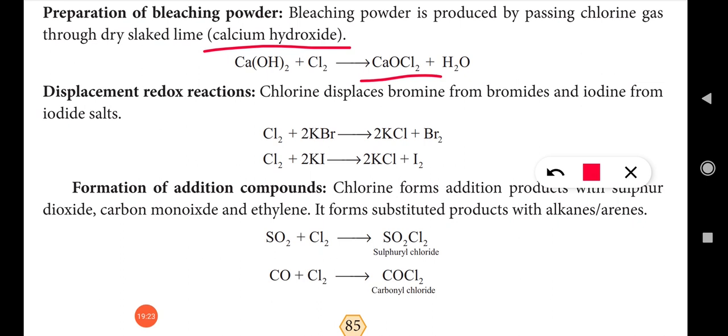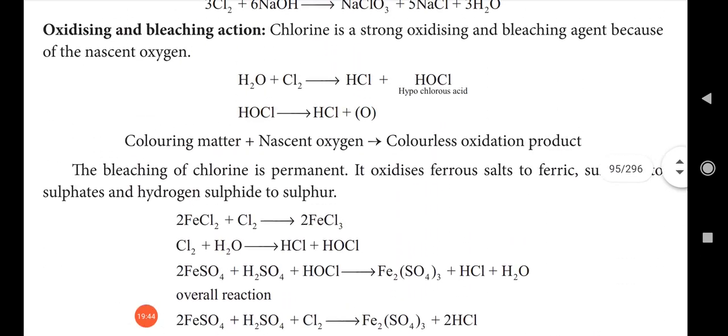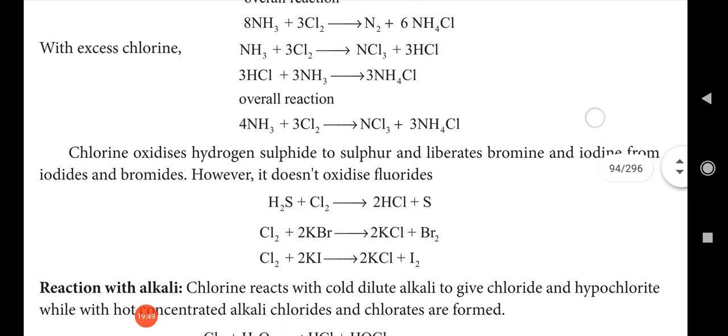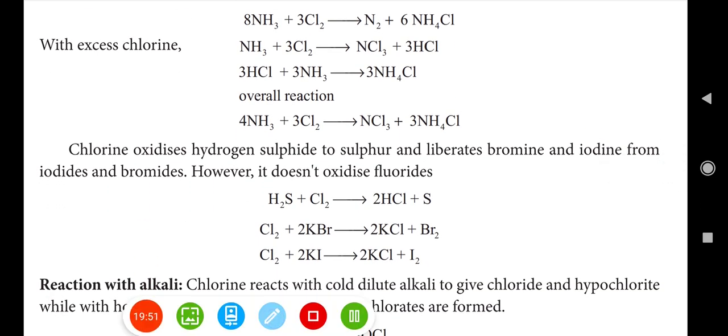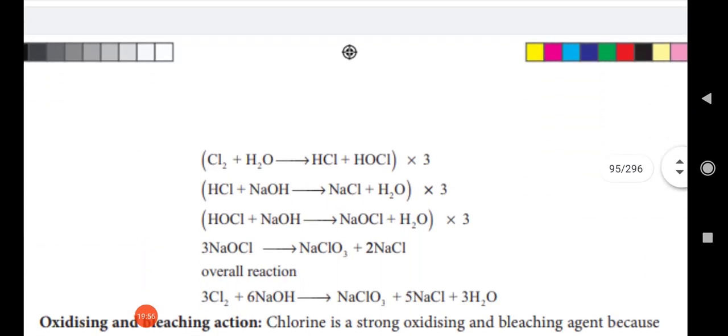Then displacement redox reaction. Redox reactions are nothing but reactions in which both oxidation and reduction take place. So in displacement redox reactions, chlorine displaces bromine from bromides and iodine from iodide salts. We have already seen this, at the beginning. They have repeated these reactions under a separate title.